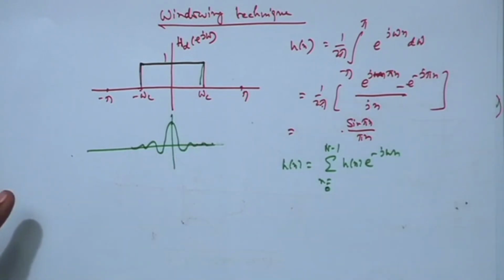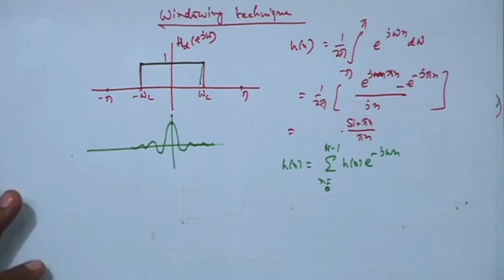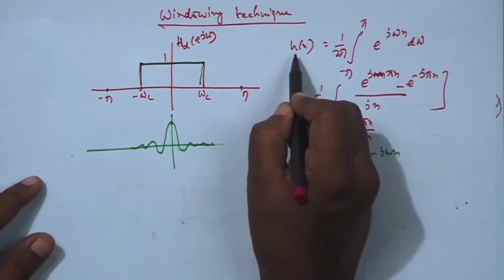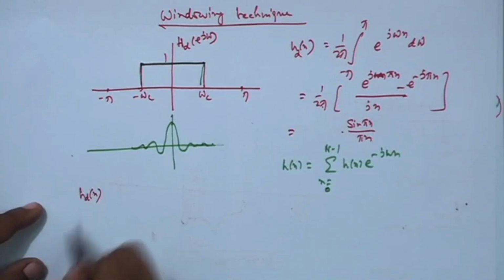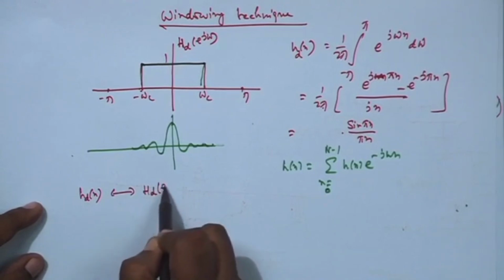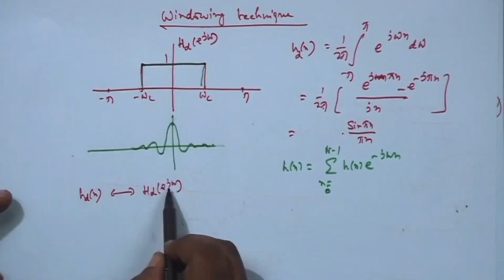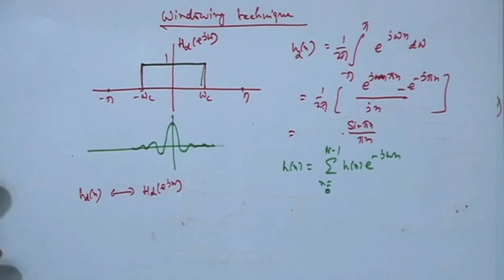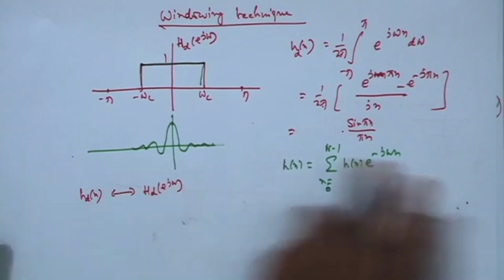Okay. But what I can do is this, let me call it h d n, d for desired. h d n is the inverse transform of, in fact, I have taken this kind of shape, it could be any shape, that is why H d e to the power j omega is your desired response, corresponding h d n is here, and this is IIR.